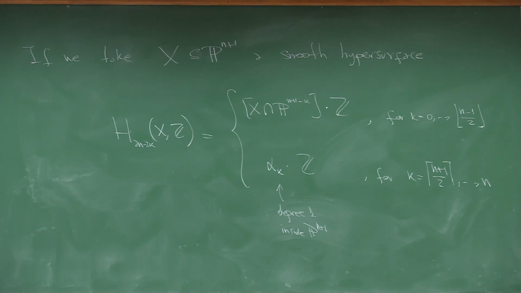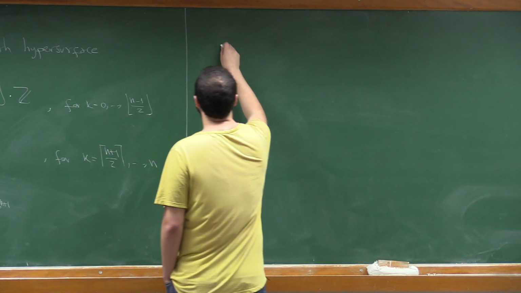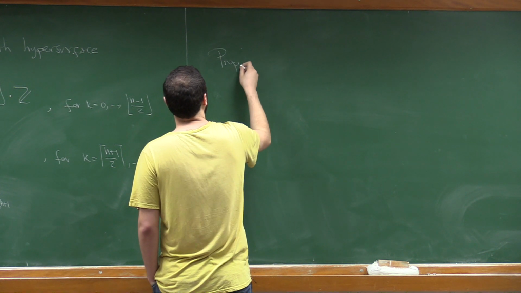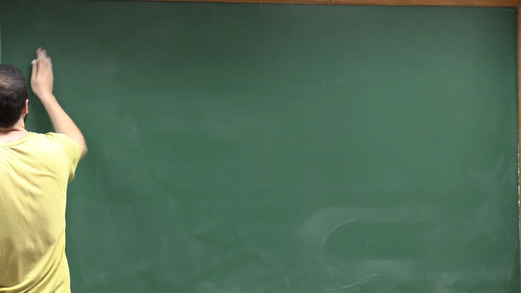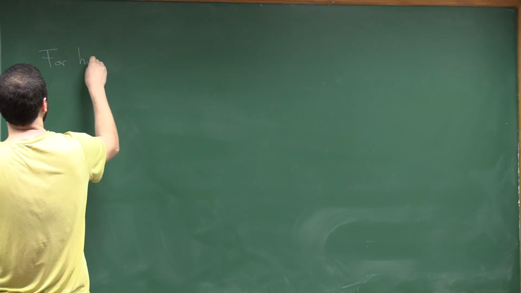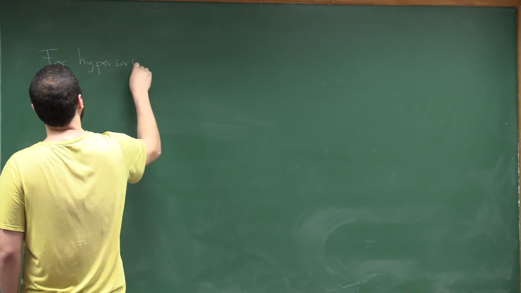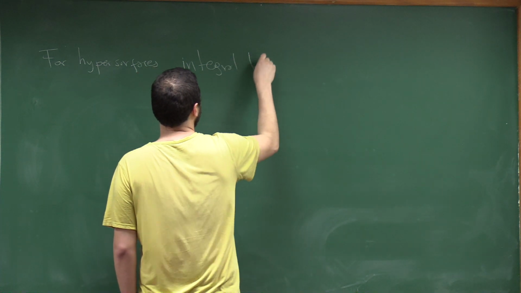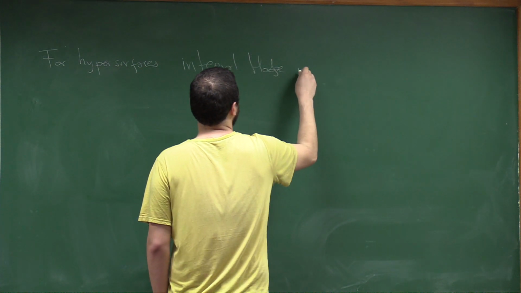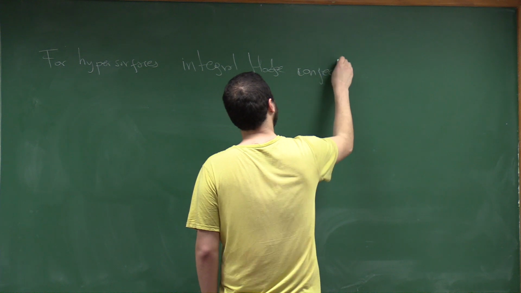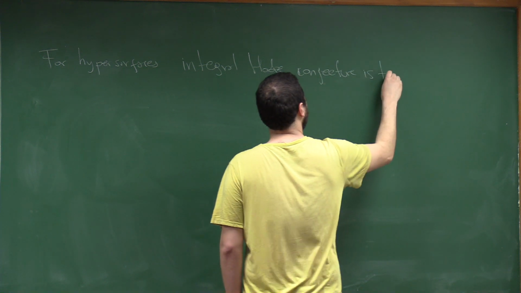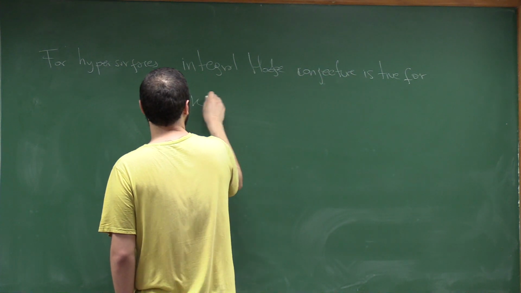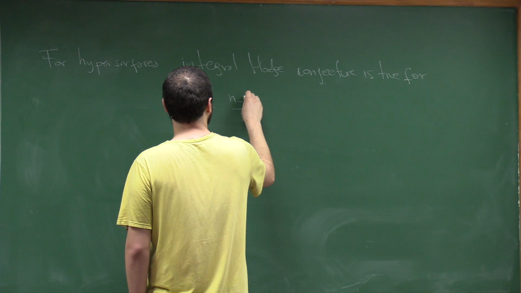And so in particular, we have the following result, let's say. For hypersurfaces, the integral Hodge conjecture is true for this case, for k between 0 and (n-1)/2.